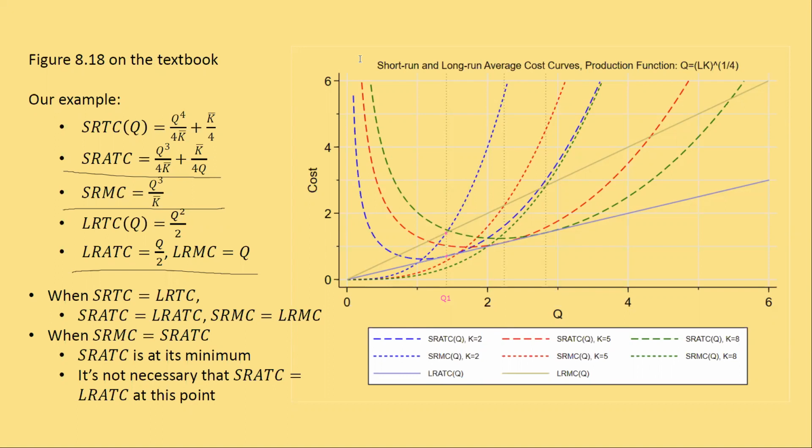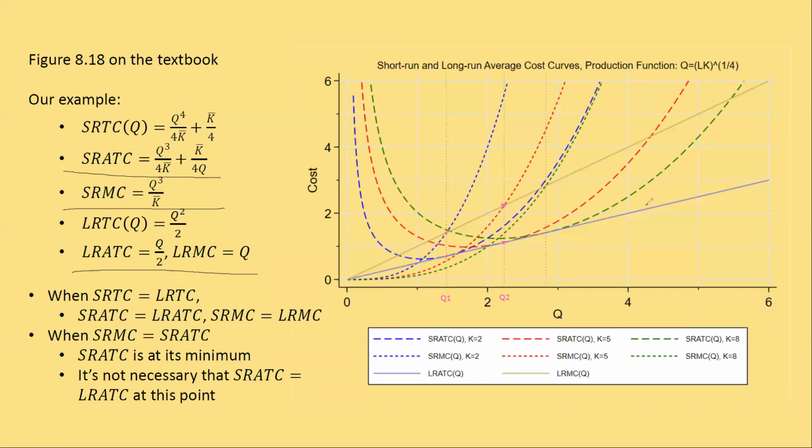And similarly, there are two more points over here. So looking at the second auxiliary line, if we look at this point, and this point, and if we call this point Q2, this is the point at which our second short run ATC, the red line, intersects our long run ATC, and our second short run MC, the red line, intersects our long run MC.